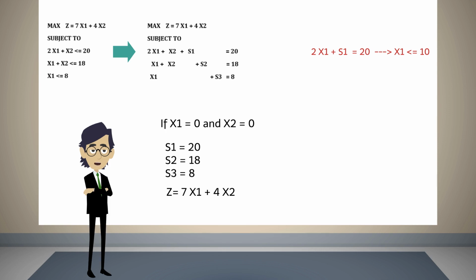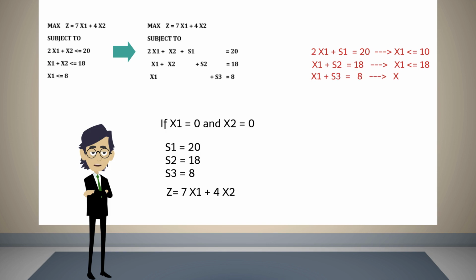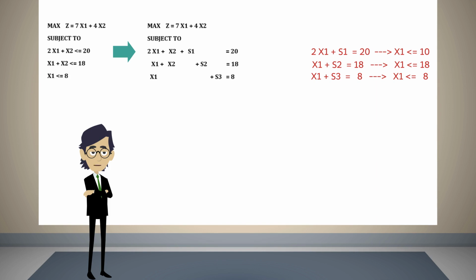Similarly, we analyze the second constraint. In this case, we can see that x1 can increase up to 18 units. In the third constraint, x1 can increase up to 8 units. Therefore, the constraint that limits the most the increase of x1 is the third constraint. In this constraint, we solve for x1.